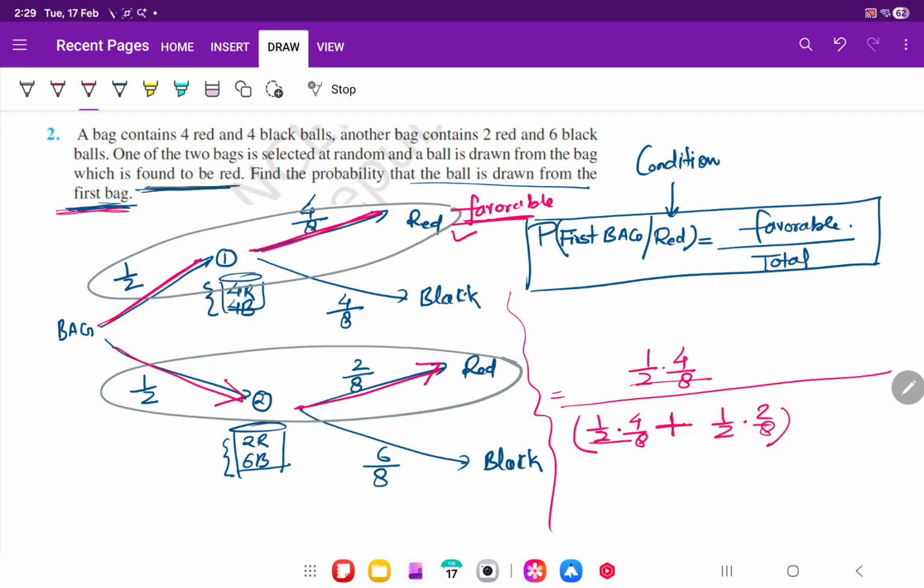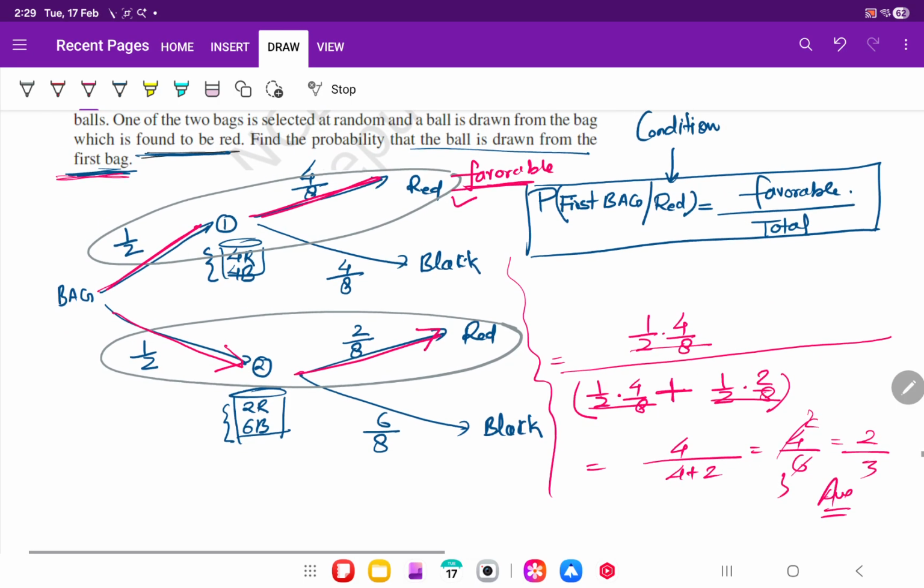So 1 by 2 and 8 cancel. It comes out to be 4 by 4 plus 2, which is 4 by 6, which is 2 by 3. That is the answer. So simple question, right? You are cutting by 2. So 2 by 3. Okay, please note down.